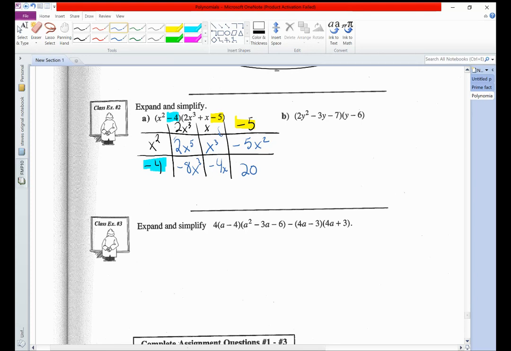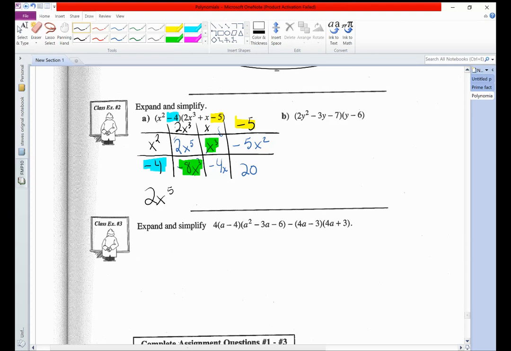So I'm going to rewrite everything out, and I'm going to look for my like terms. I can see the only like terms I have are right here and here. So I don't have a lot of room, so I'll just rewrite my equation here. 2x to the power of 5.